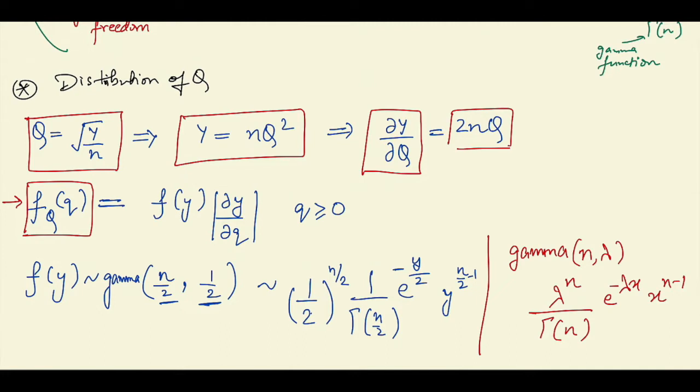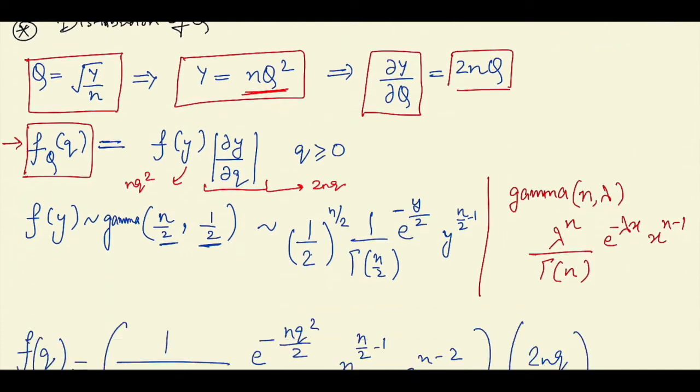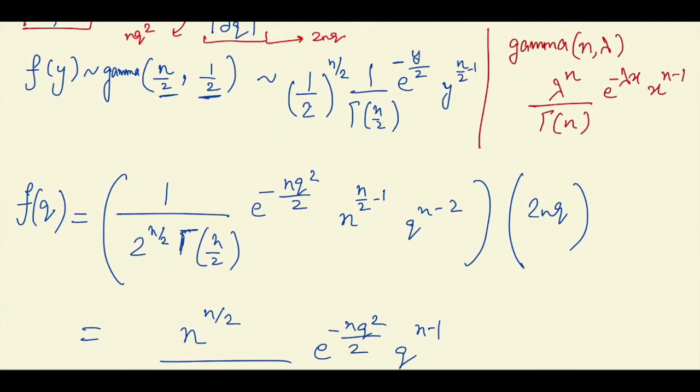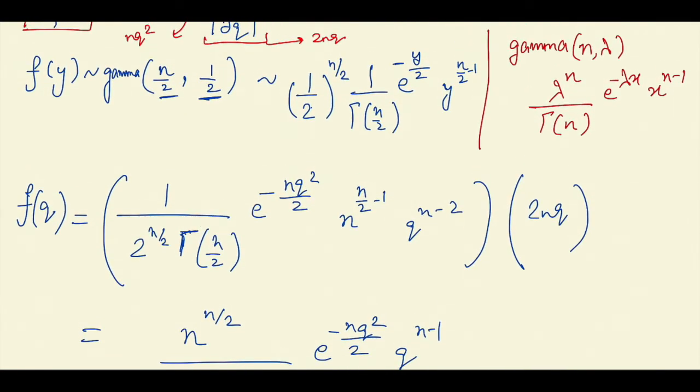To calculate the distribution of Q, we will replace the value of Y in this expression. Y is nq squared, so we'll replace it by nq squared, and we'll replace this value by 2nq as we calculated above. Replacing these values, we get the following expression.